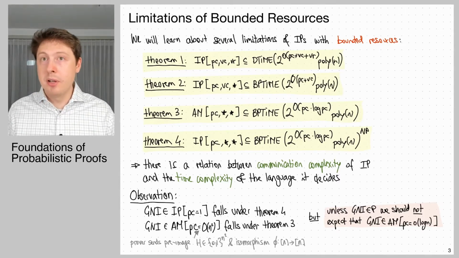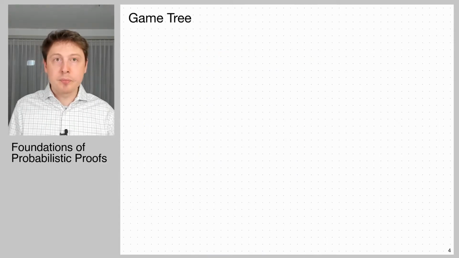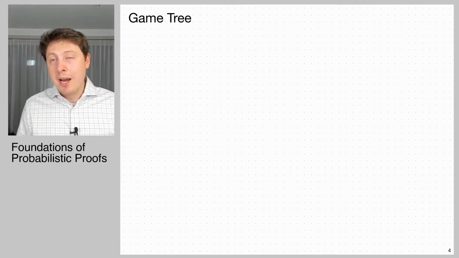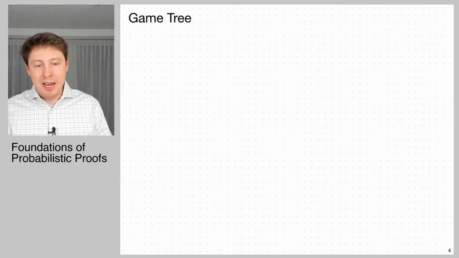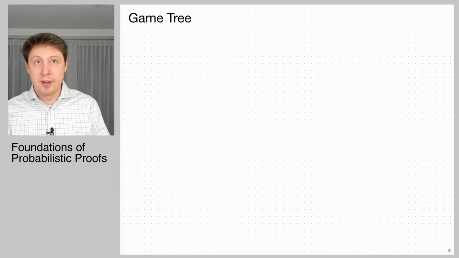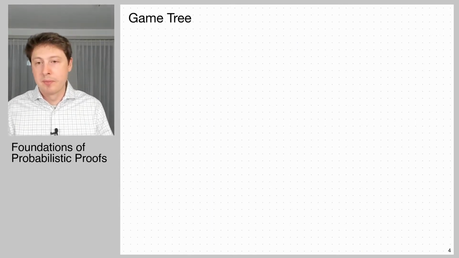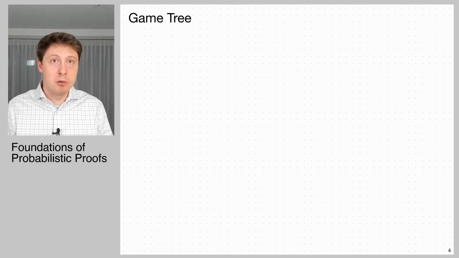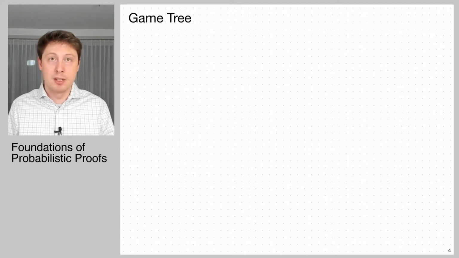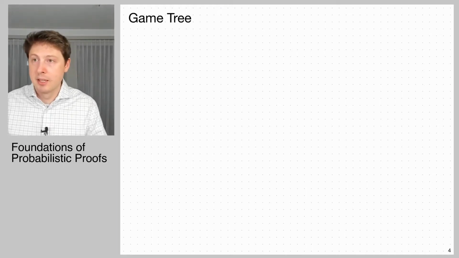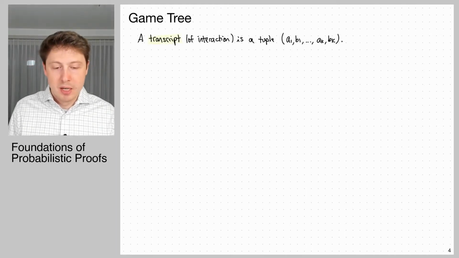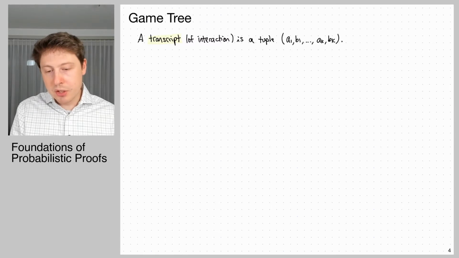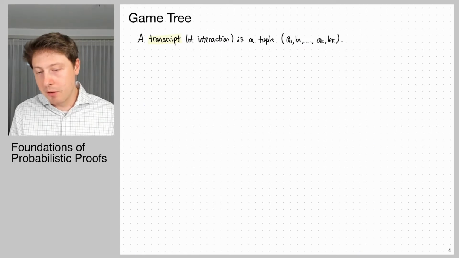All right, if there are no other questions, then I'm going to continue. We have implicitly discussed the game tree of an interactive proof when we were discussing upper bounds. Now I want to discuss it slightly more carefully, because we're going to be doing some manipulations on it. These should be fairly simple concepts. A transcript of interaction is just a tuple: prover message, verifier message, prover message, verifier message, and so forth, up to k rounds.